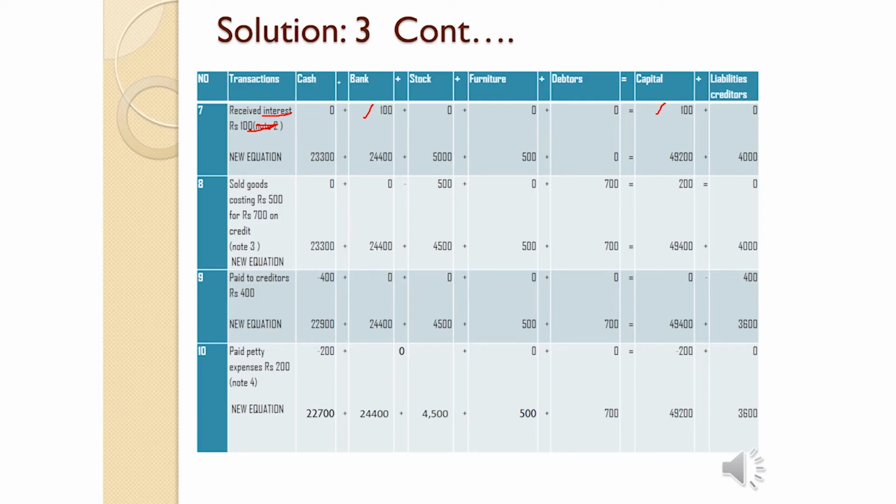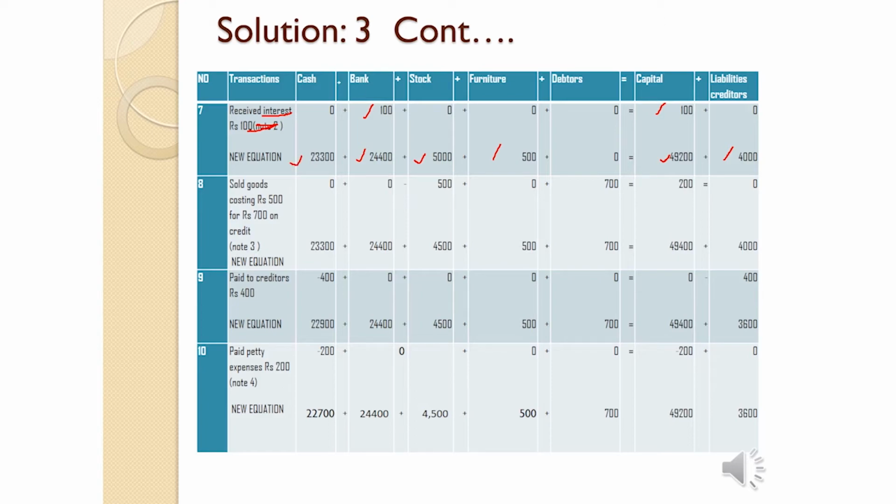Here the equation is cash 23,300, bank 24,400, stock value 5,000, furniture value 500, then capital 49,200, liabilities of creditors is 4,000.